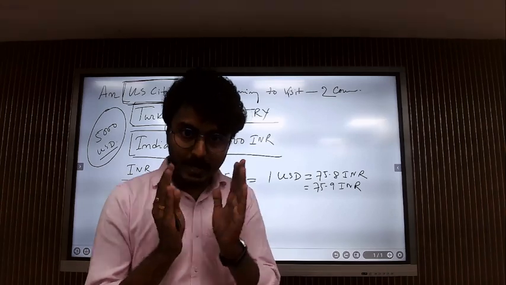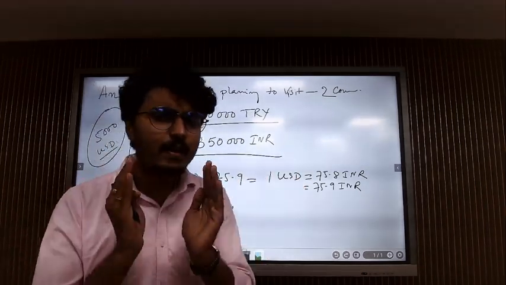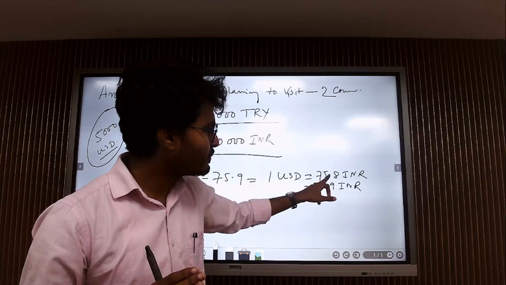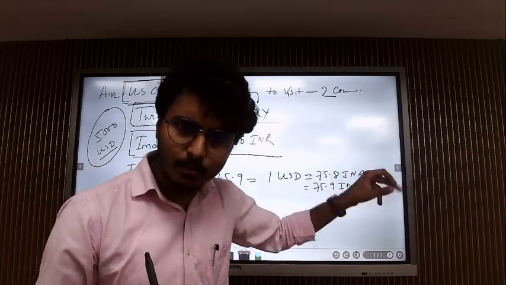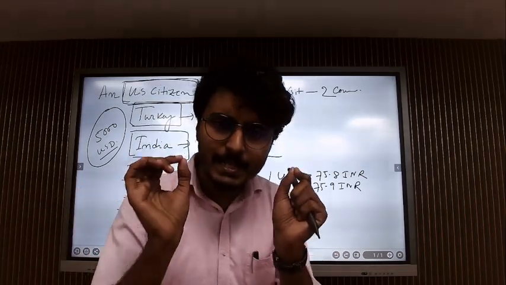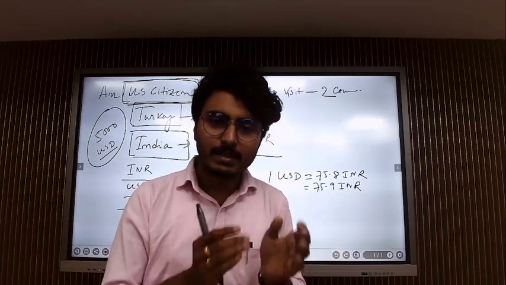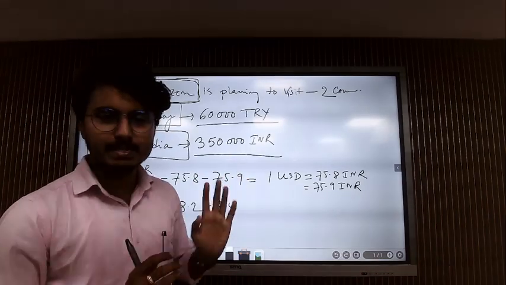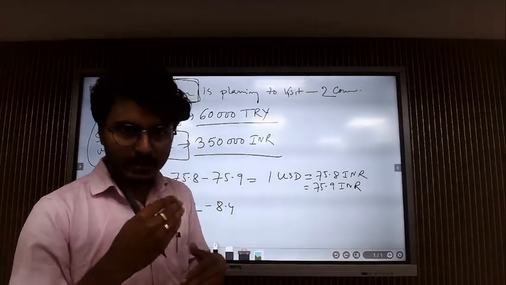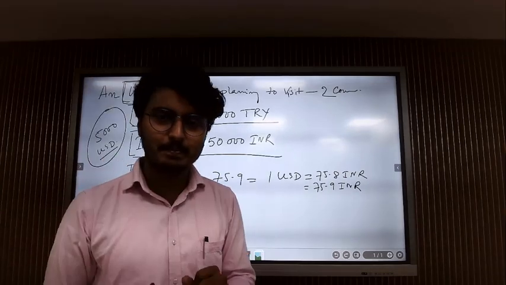If a person pays 75.8 Indian rupee, the seller just gives him 1 USD. Suppose. But actually, when he wants to purchase, the 75.9 rate will be applicable.